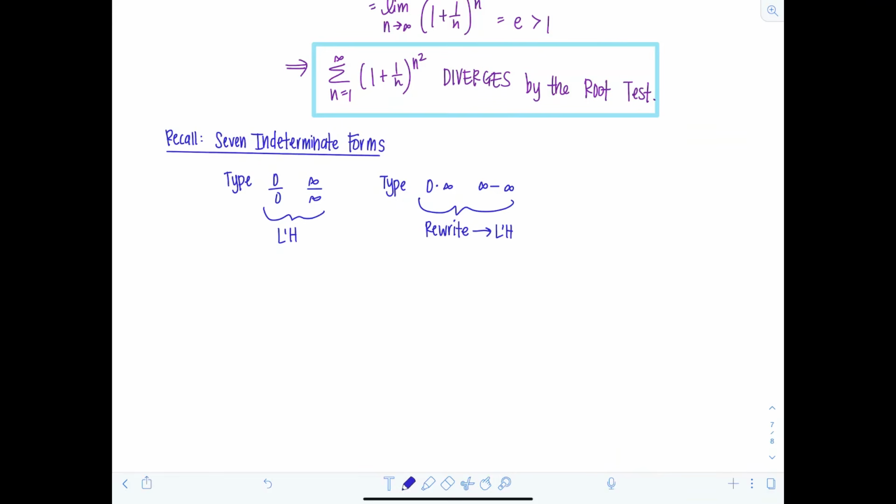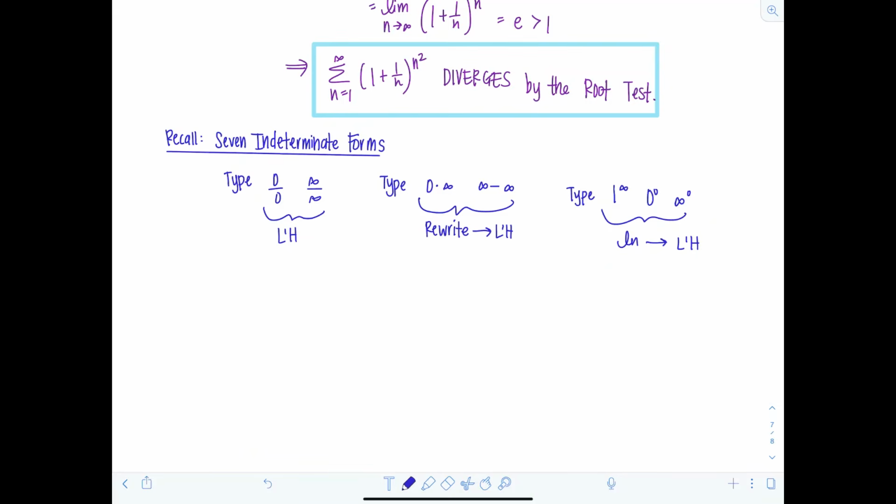And then the last 3 types are indeterminate powers, 1 to the infinity, 0 to the 0, or infinity to the 0. All of these, you take the natural log of them, and then you can apply L'Hopital's rule.